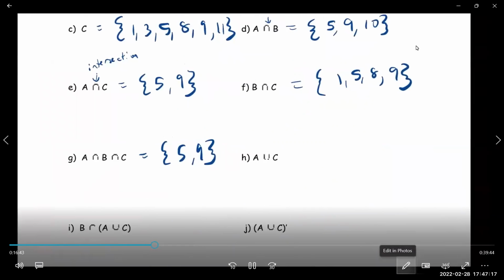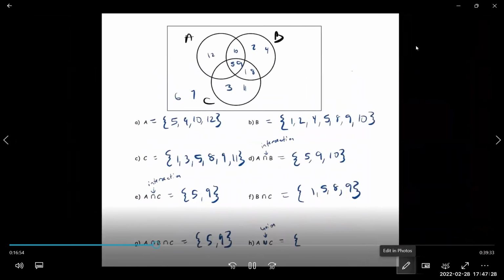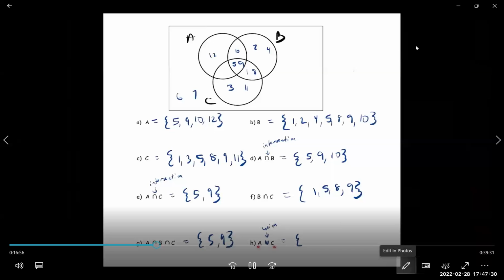All right, A union C. Careful now. This is a union. So what does union mean? Everything that's within those letters. Yeah, within those 2 sets.